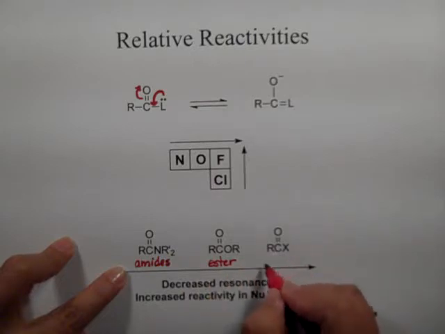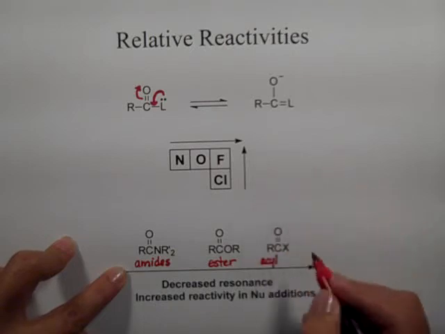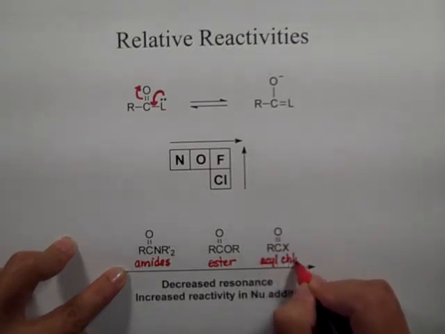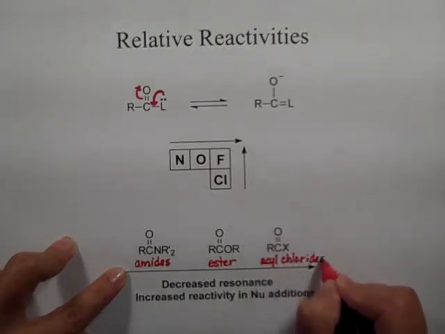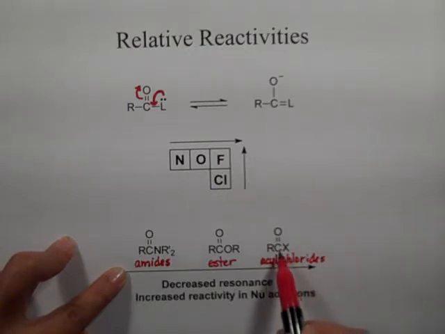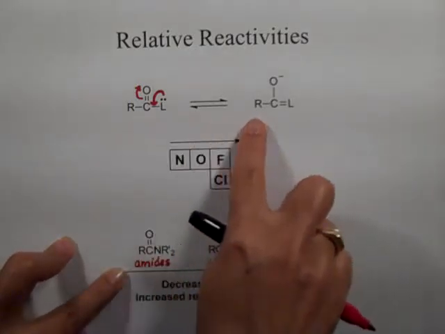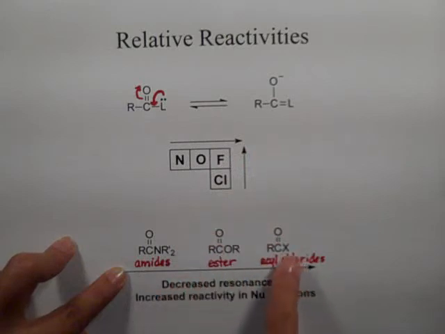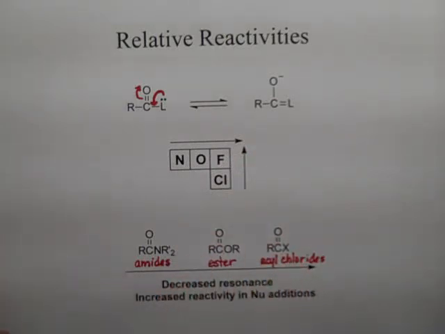Then over here we have your acyl halides. When I say that, we're mostly going to be using the chloride, so I'm going to put acyl chlorides right here. The chloride will not donate to the carbonyl, so we don't have a lot of this resonance happening. So the carbonyl of an acyl chloride is going to be our most reactive carbonyl.